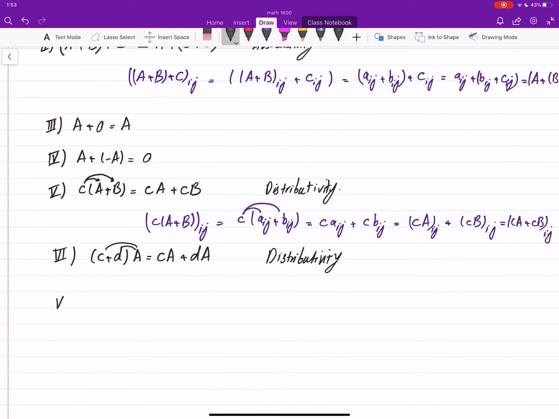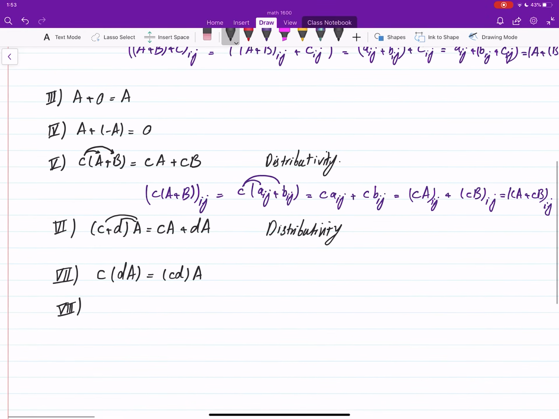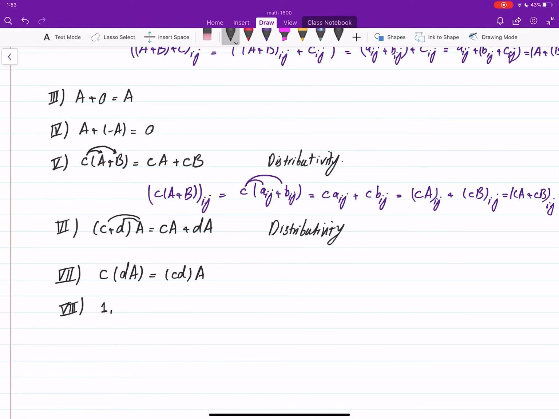Also, another property is that if you scalar multiply a number to A and then scalar multiply another number, this is the same thing as first multiplying the scalars and then scalar multiplying to A. And the property which I hope is obvious: if you multiply 1 to A, you get A, and if you multiply the scalar 0 to A, you get the 0 matrix.